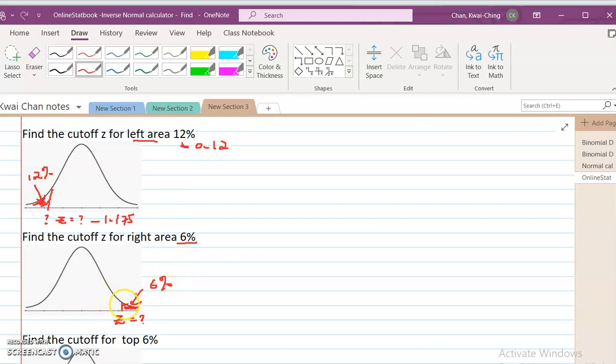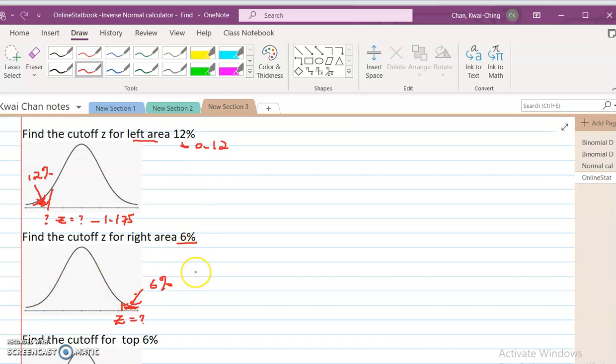The right area doesn't have to be a tail. It could be really big, just shaded on this side. How do I know if it's the tail or all the way above? The middle is 50%. If it's less than 50%, it would be a tail. If it's more than 50%, it's on the other side.